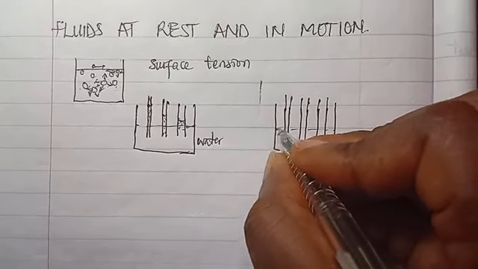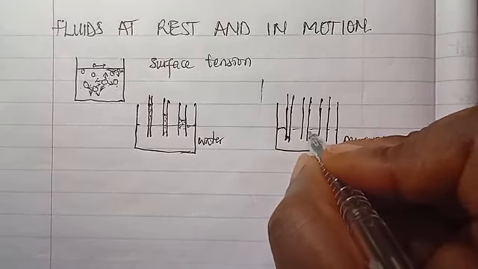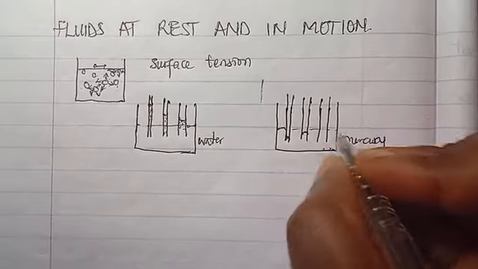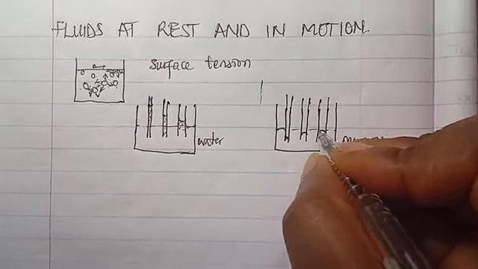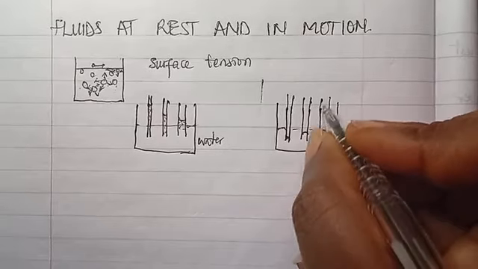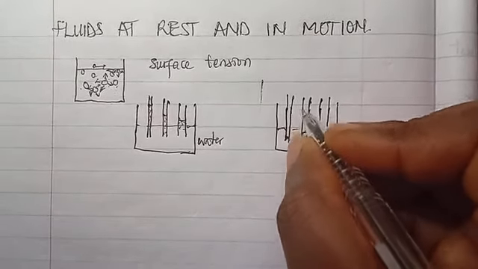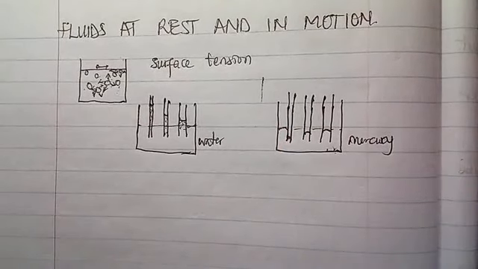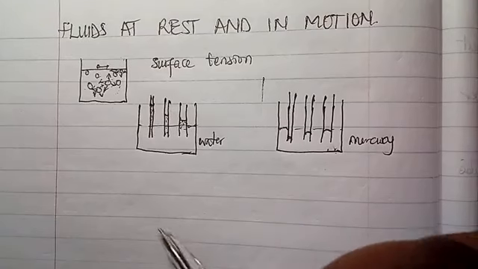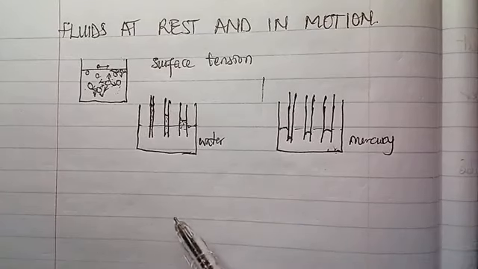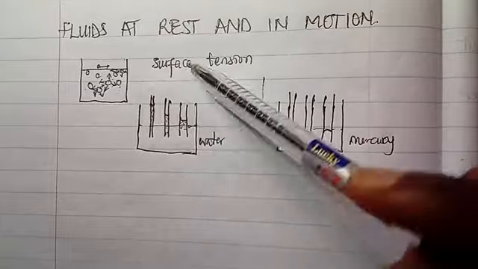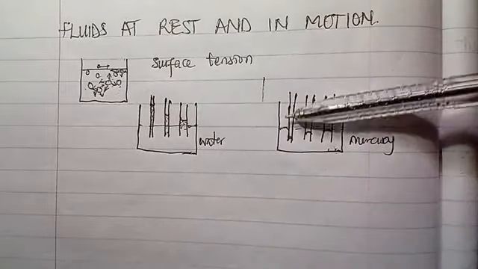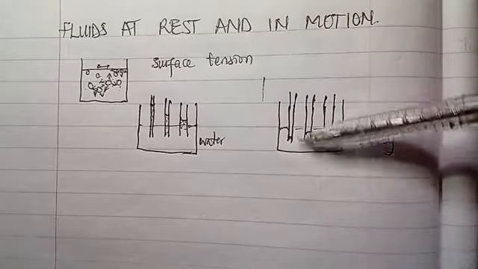This is a fall below the surface. And the fall varies according to the size of the tubes. So this is what we call capillarity. Capillarity is the rise or fall of liquids in a narrow or capillary tube.